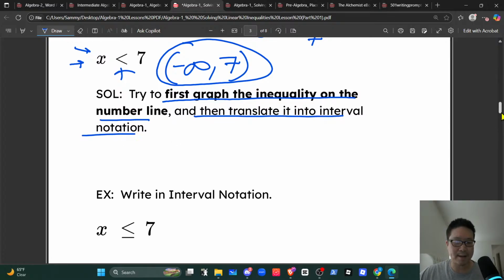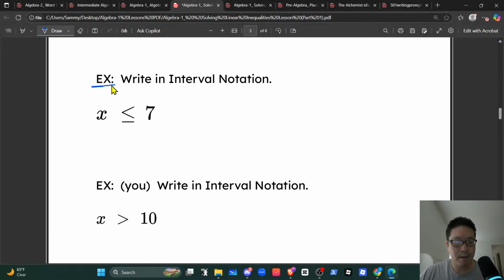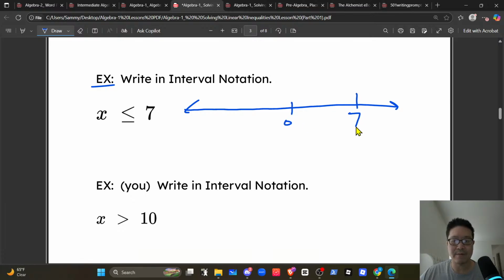Okay, so let's get some practice in. So here we have an example. It says write in interval notation, and we have x is less than or equal to 7. Well, let's draw it on the number line. So we have 0, and then we have 7. And it's a non-strict inequality, all numbers less than or equal to 7.